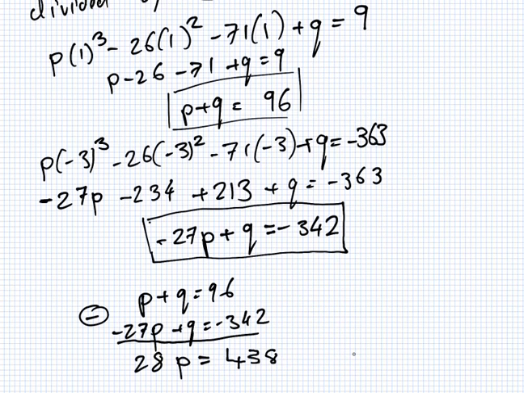I must have made a small mistake somewhere because it didn't work out nicely. Well, let me check that. I'll check it. 9 plus 71 plus 26. Yeah, that should be 106, not 96. Here, it's not 96, it's 106.